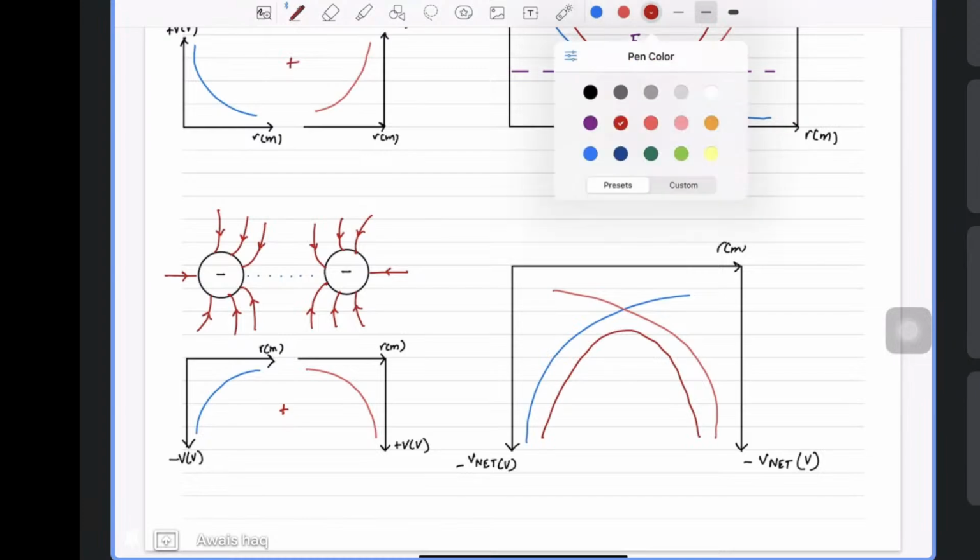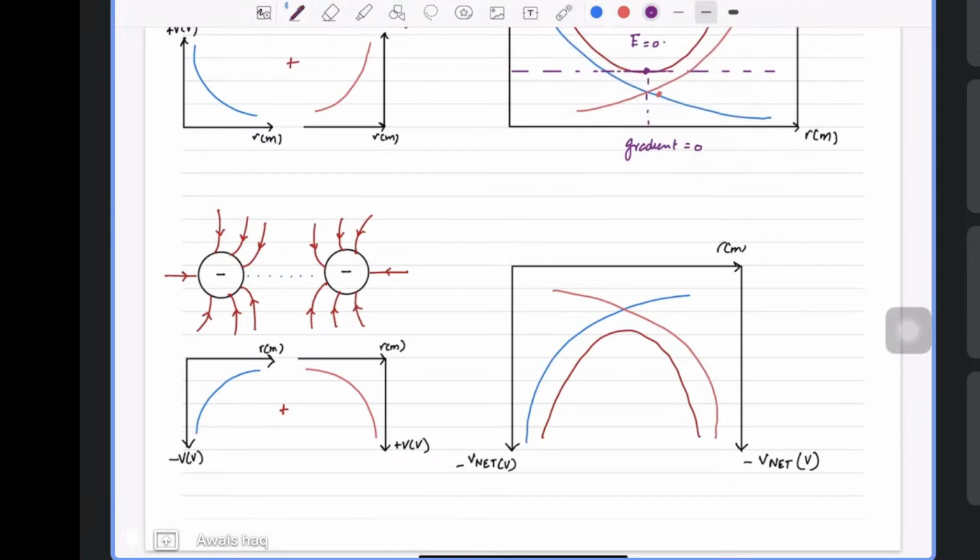And if you draw a tangent here, that tangent is not straight, so I'm going to draw it with my hand, like this. At this particular point, the electric field strength is again 0, and the reason is that the gradient is 0.